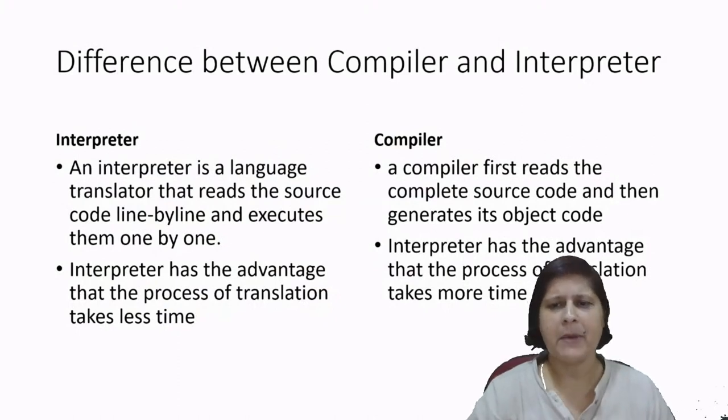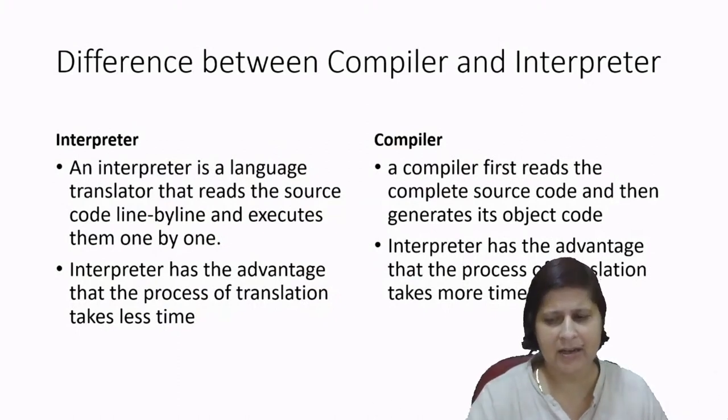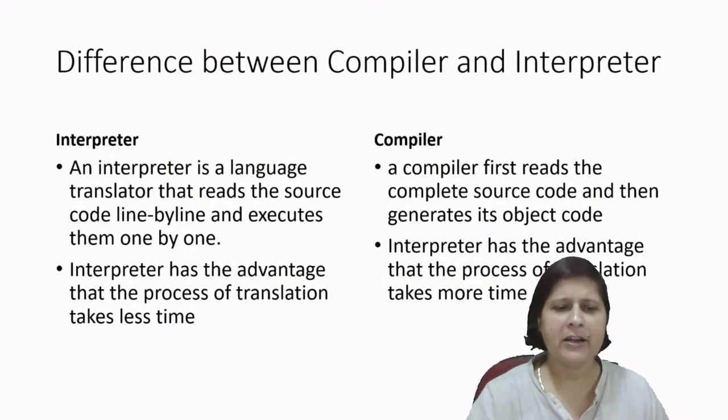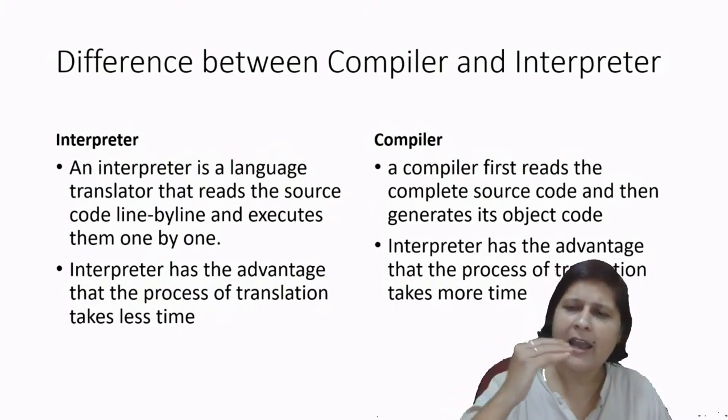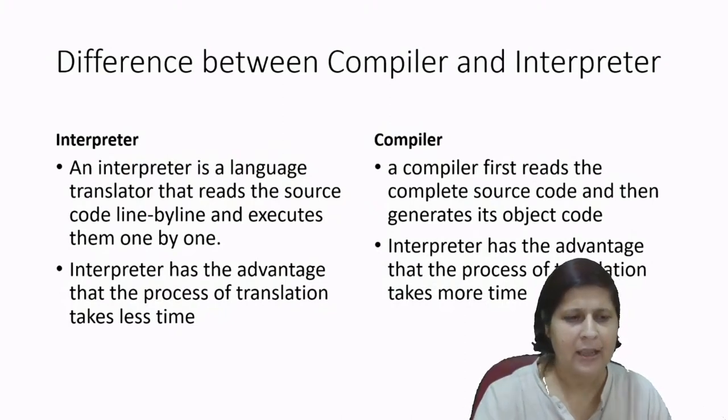Difference between compilers and interpreters. What are the differences between the compilers and interpreters? An interpreter is a language translator that reads the source code line by line and executes them one by one, right?